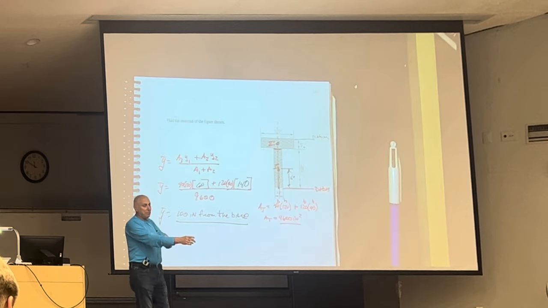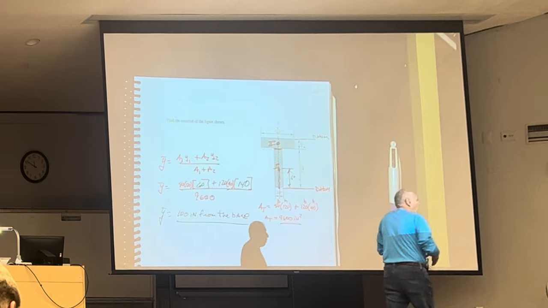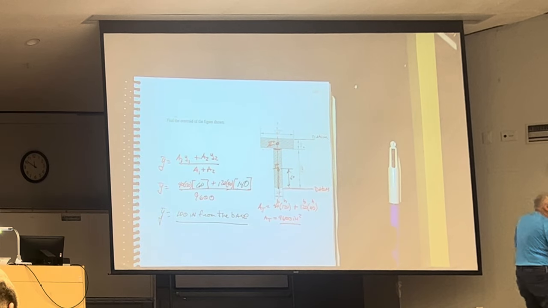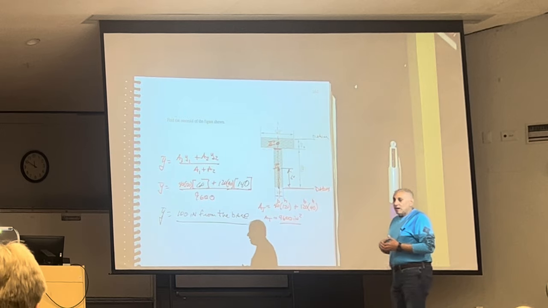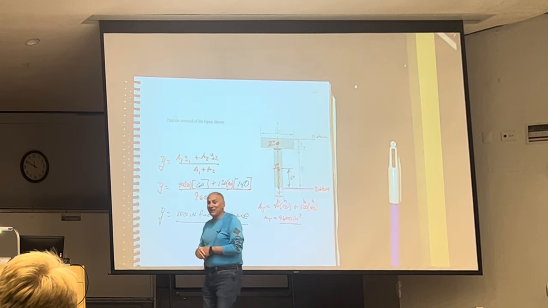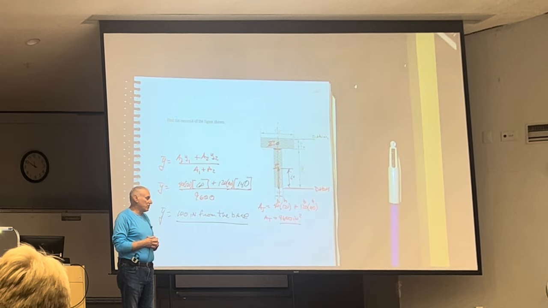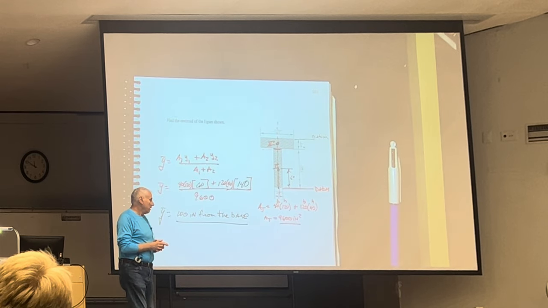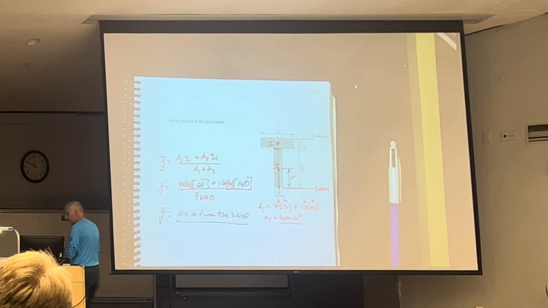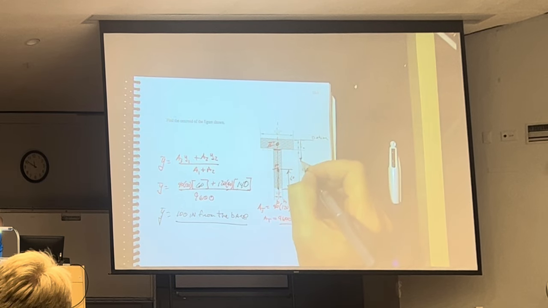Now, you have to be very careful, because if you're reading the solution manual, or you look at ChatGPT, or at Chegg, or whatever, and they do a problem, they give you a number that is not 100. It's not automatically that you did something wrong. The question you have to ask is, where did they measure from? Because I could have measured from the top down.